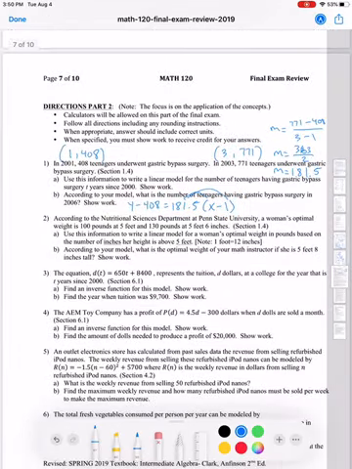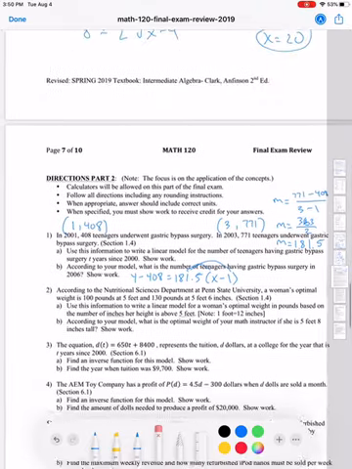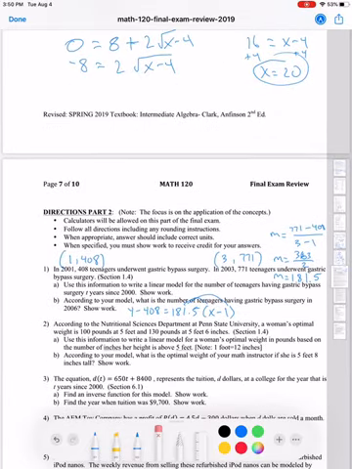I want to use the space above to do this, so you guys can follow me. Y minus 408 equals 181.5 times x, 181.5 times -1 gives you that, right, when you distribute.